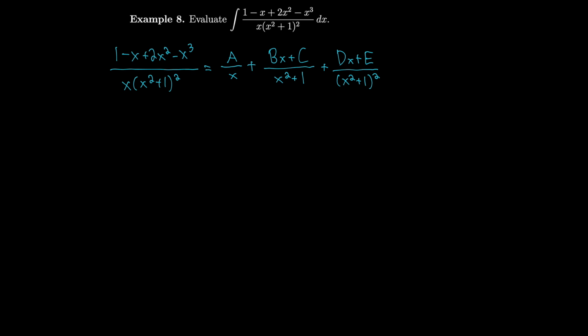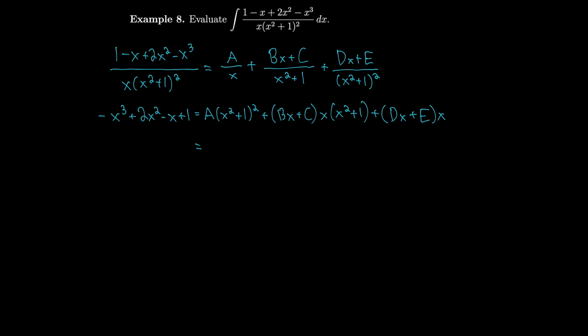So we multiply left and right side by the denominator. We get negative x cubed plus 2x squared minus x plus 1 is equal to A times x squared plus 1 squared plus Bx plus C times x squared plus 1 plus Dx plus E times x.